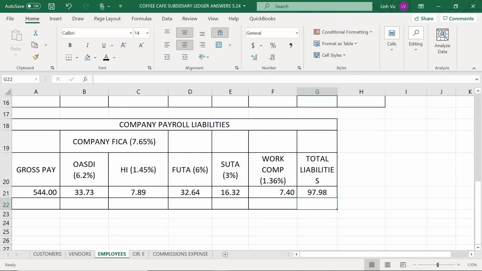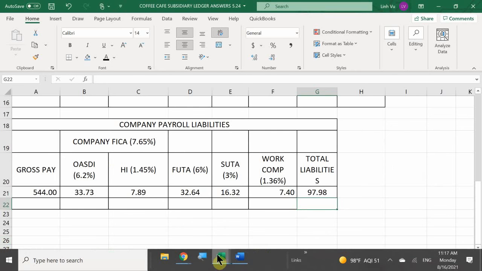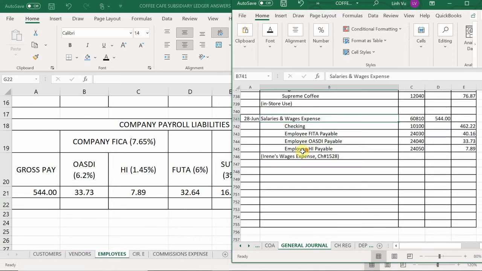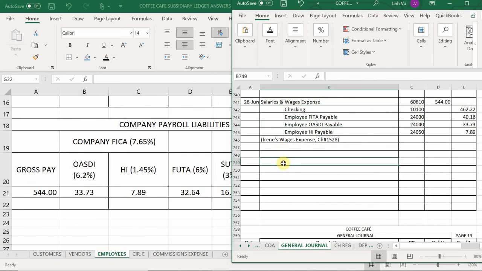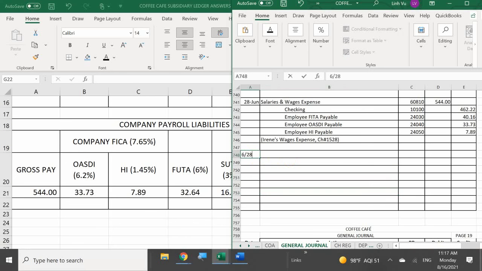Okay, so let's take a look at how we're going to journalize this transaction. We should have exactly enough. How am I going to journalize the company's responsibility for having Irene as an employee?